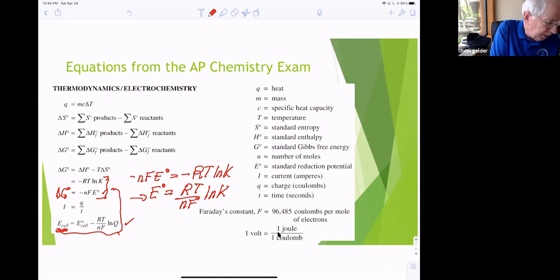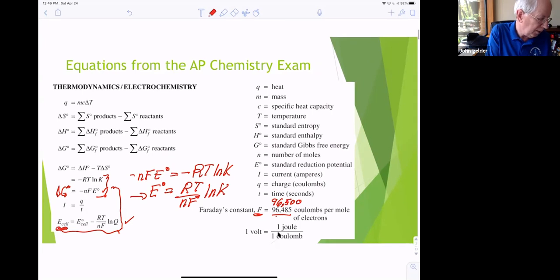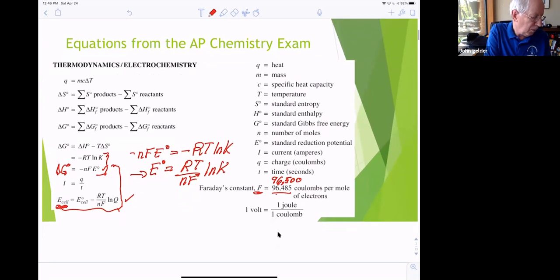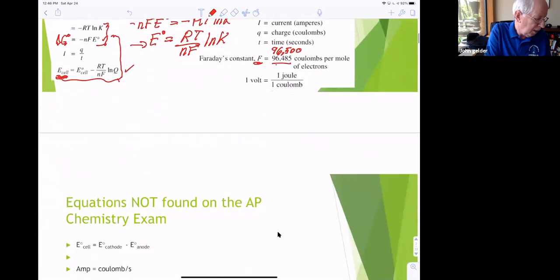An important constant, the Faraday constant, 96,485, or what I like to call it, 96,500 coulombs per mole of electrons. So those are equations that are on the equation page that are available to you throughout the exam.